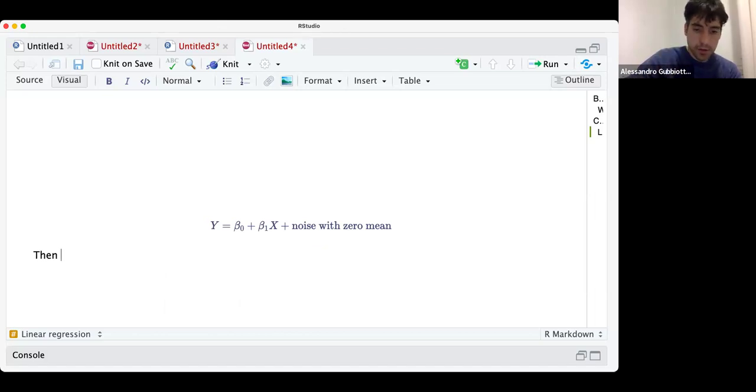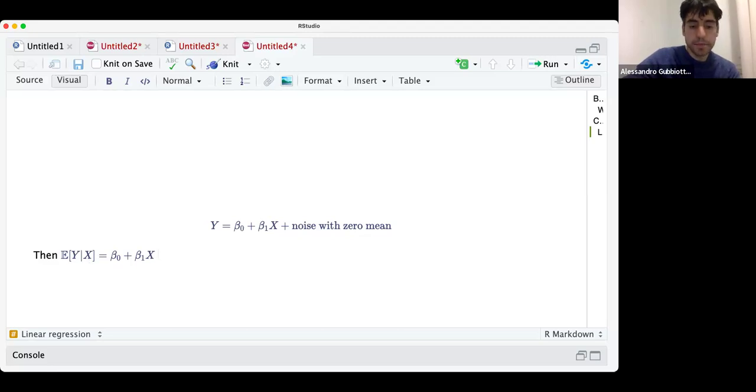This is the sum of what I did in the last hour. The expected value of y given x is simply beta 0 plus beta 1 x. If we observe x, then we expect y to have this expected value, and this is due to the fact that the noise is zero mean.